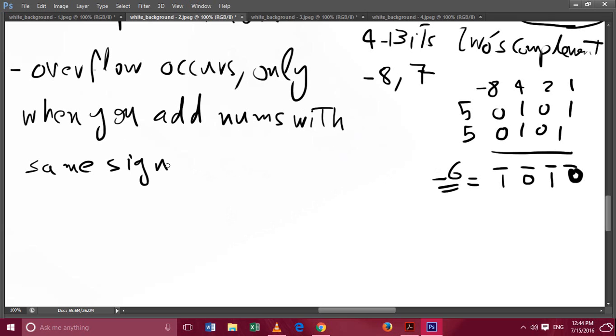It's very important that you know that. If you're adding numbers with different signs, overflow will never occur. So overflow occurs only when you add numbers with the same sign.